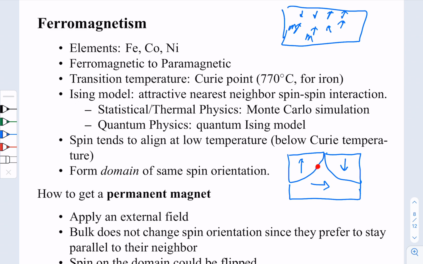On this domain wall, the spin doesn't have a specific direction, because the domain here is pointing up and the domain there is pointing to the right. So around the boundaries, the spins can be either pointing up or pointing to the right, and there can be some thermal fluctuations.